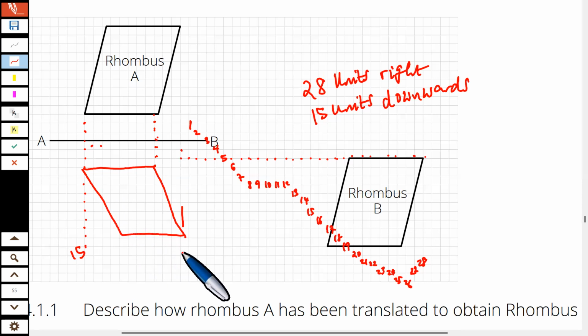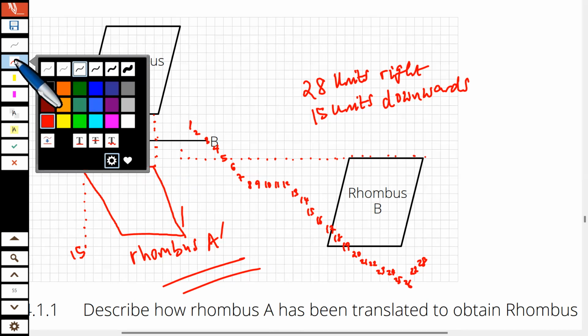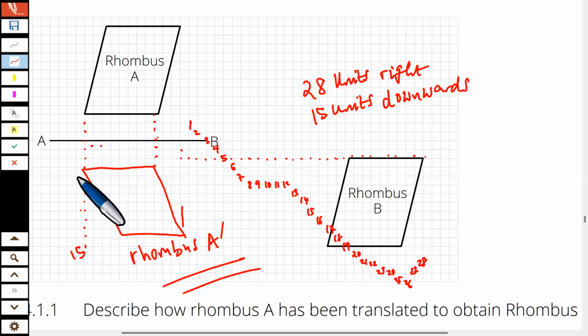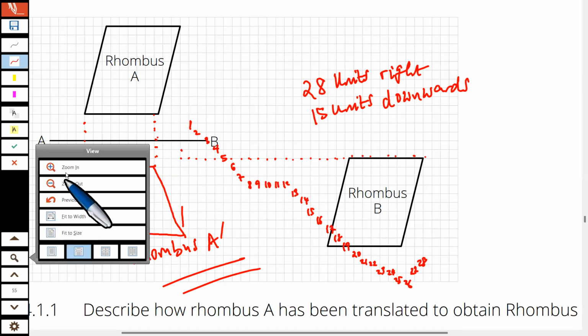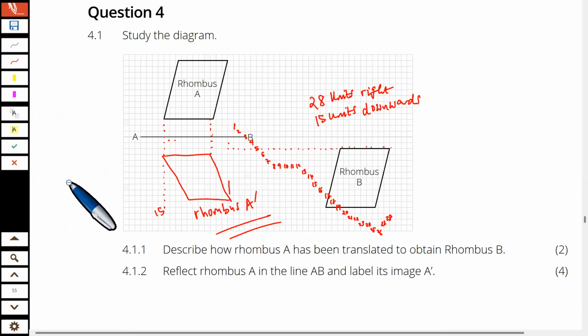So this is rhombus A primed. This is the shape you're getting.